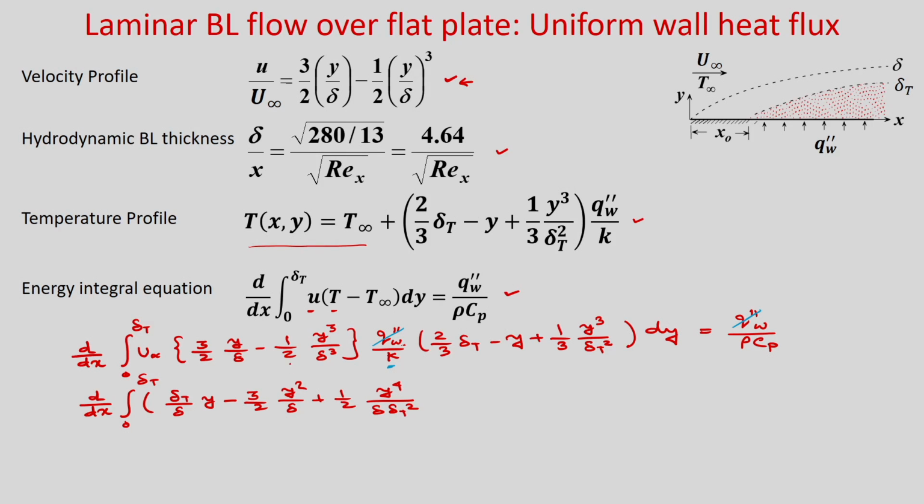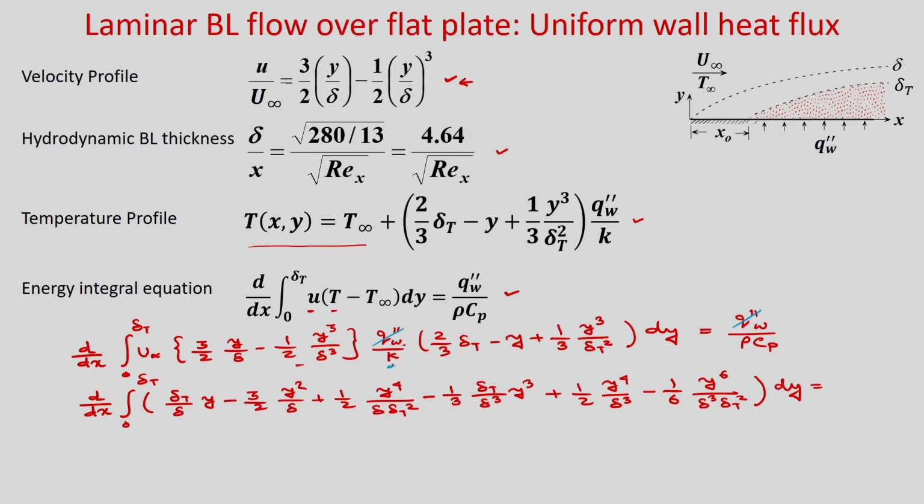Okay. Now, you multiply this term with these 3 terms. So, you will get minus 1/3 delta_t by delta cubed into y cubed, then plus 1/2 y to the power 4 by delta cubed, then you will get minus 1/6 y to the power 6 divided by delta cubed delta_t squared, into dy.